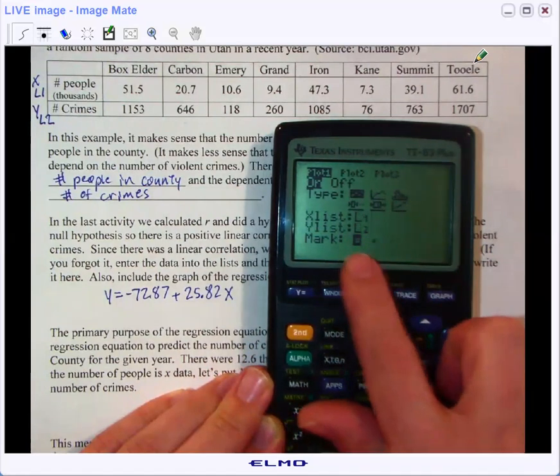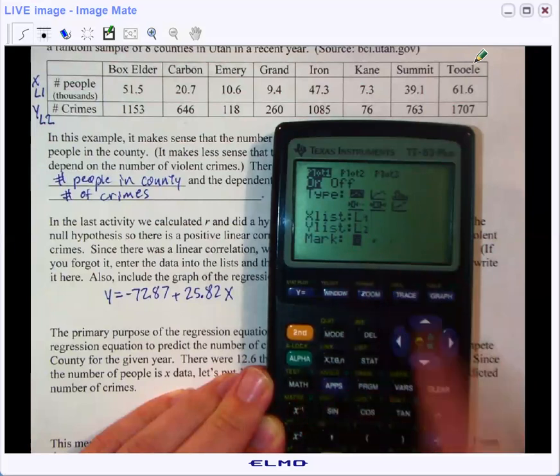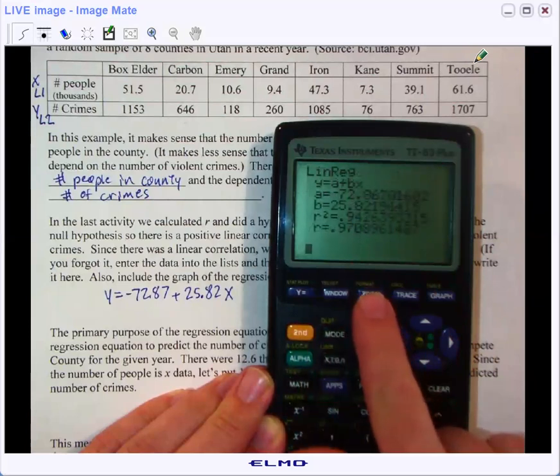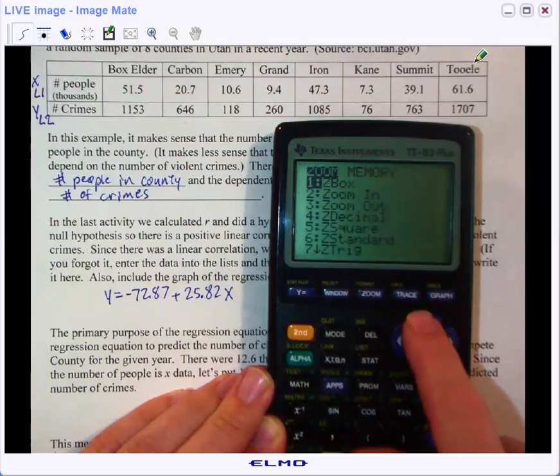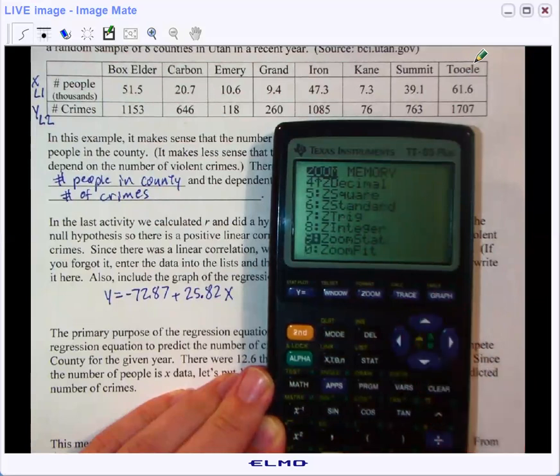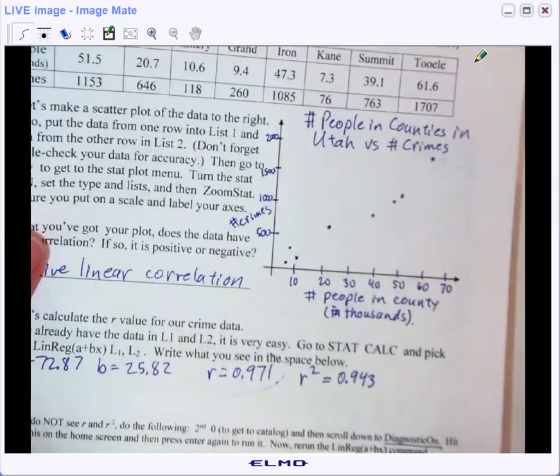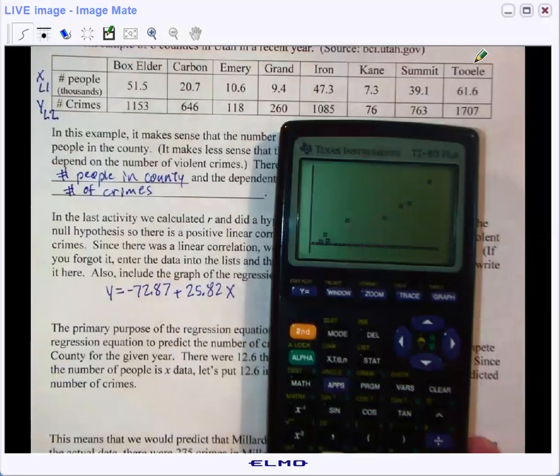Use either one of the first two options, because it's too easy to miss a single pixel. Then I will quit out and go to zoom, and one of the options is zoom stat, so it'll zoom to the statistics. And that looks a lot like the graph I made by hand last time.